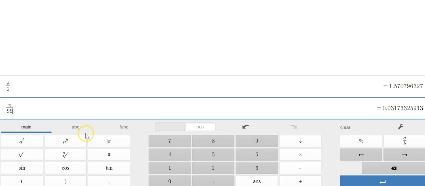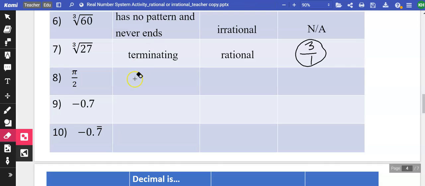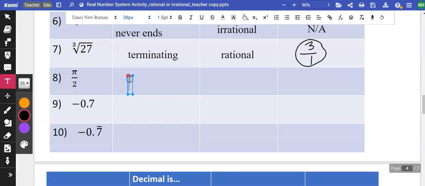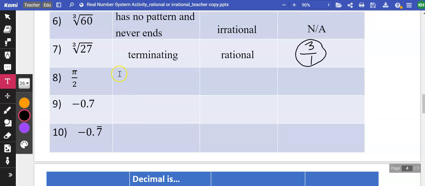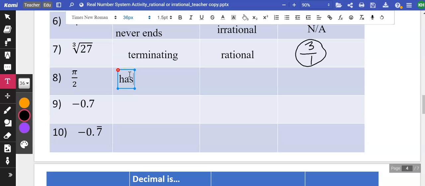If you take pi and multiply it by 20, it's going to be irrational. Basically, if you divide it or multiply it by a number, it still should be irrational. So let me move back to the text box. Pi divided by 2 is going to have a decimal expansion that has no pattern and never ends.